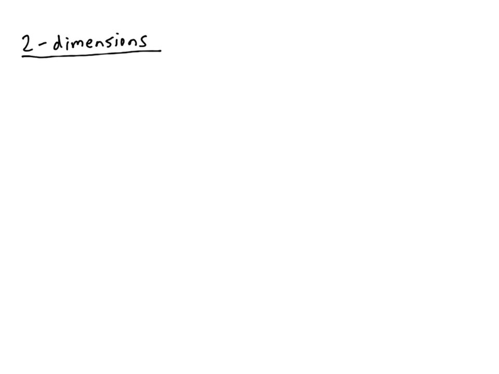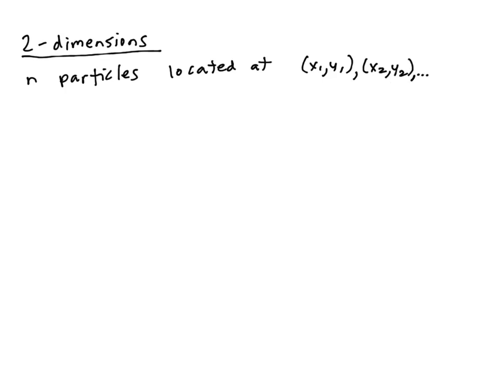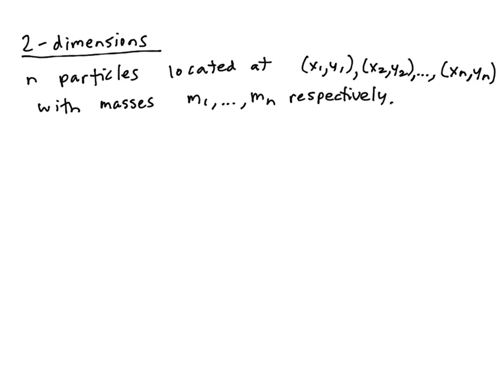So now we have n particles, except now they are located at x1, y1, x2, y2, and the last one is going to be at xn, yn, with masses m1 to mn respectively.